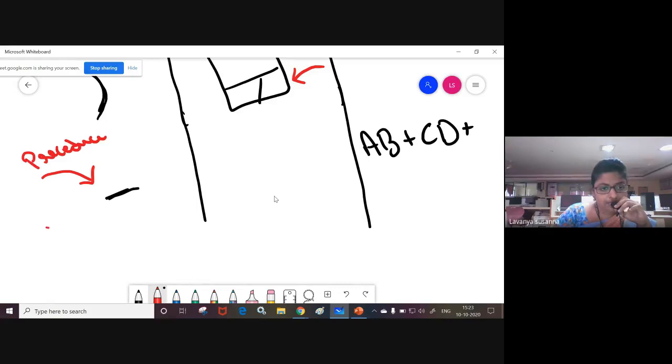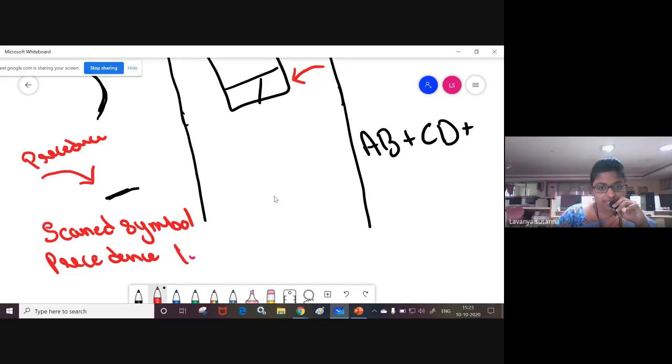Now you need to try to understand. If this scanned symbol's precedence is less, don't write, just write minus, that's all. If this scanned symbol's precedence is less, you need to pop the element and add it to the postfix array.